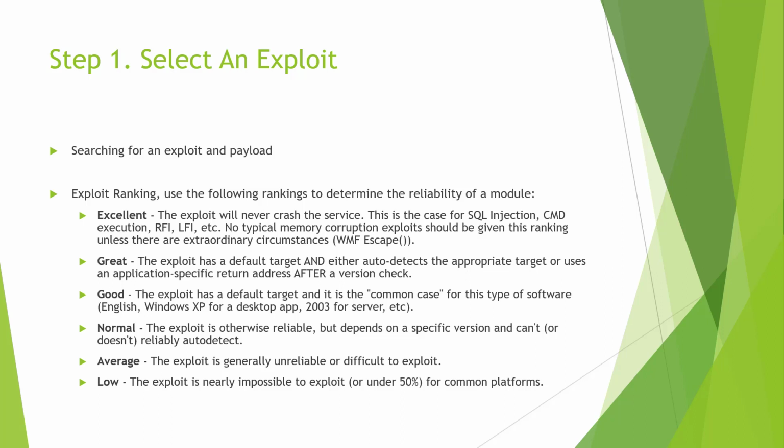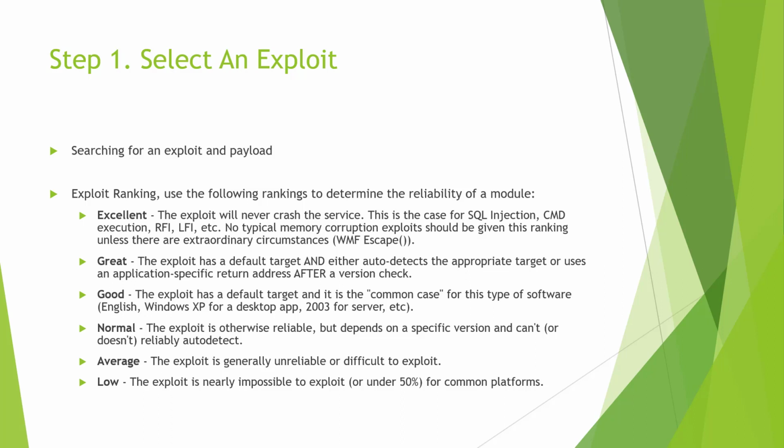If an exploit ranking is excellent, basically this means the exploit typically never crashes. If the exploit ranking is great, then the exploit has no default target and either auto-detects the appropriate target or maybe doesn't. And again, the exploit's stable.